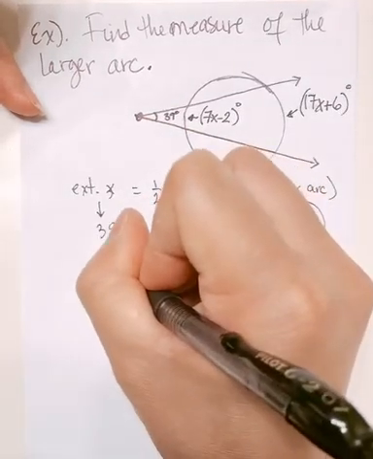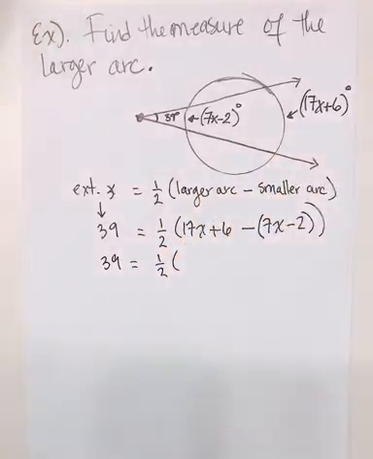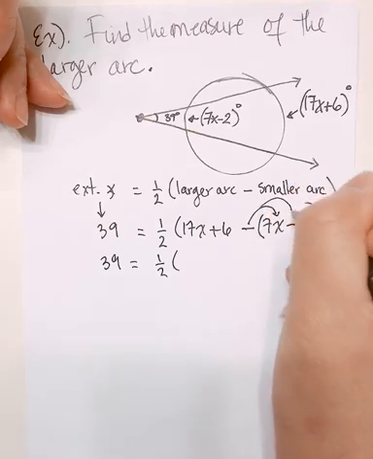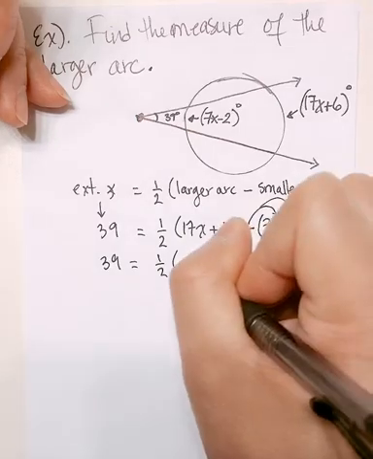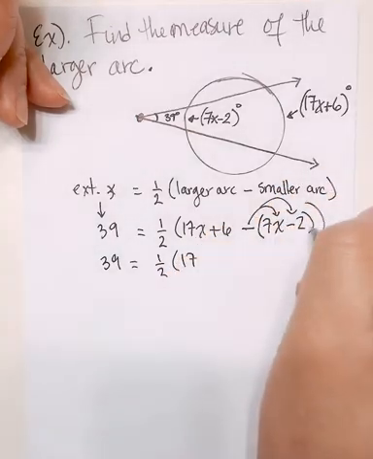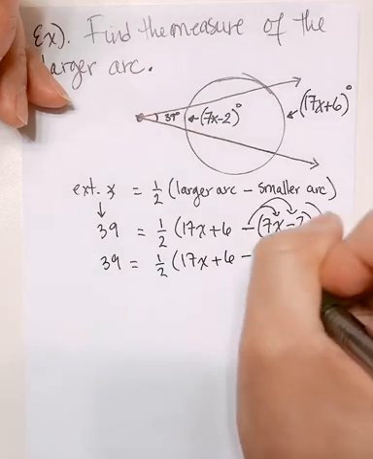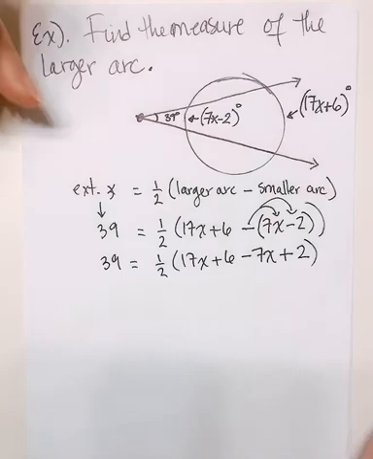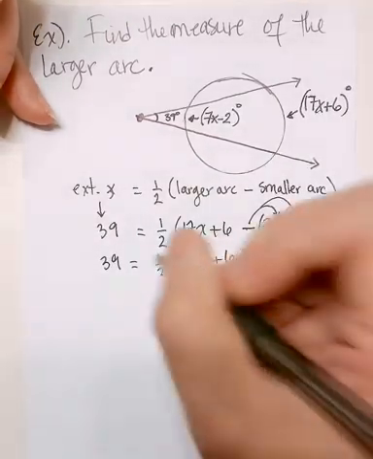So let's take a little bit of time and simplify that carefully. This negative does change everything inside, because it's the opposite of whatever is in here. If you get rid of the parentheses, it'll be 17x plus 6 minus 7x plus 2, right?